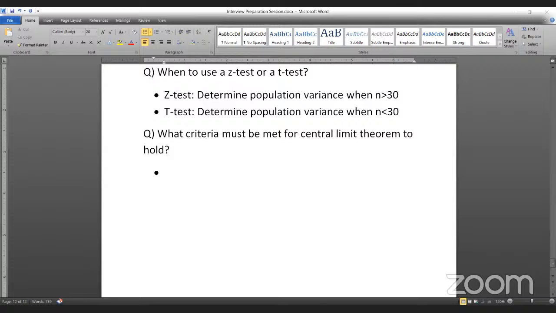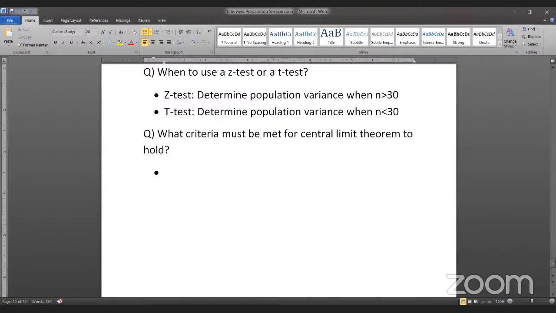So there are basically three criteria which must be met for the central limit theorem to hold. First, the sample must be randomly sampled from the population, so random sampling must be done.